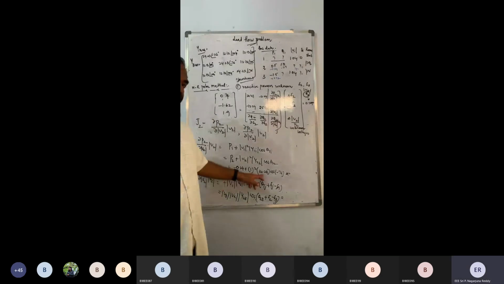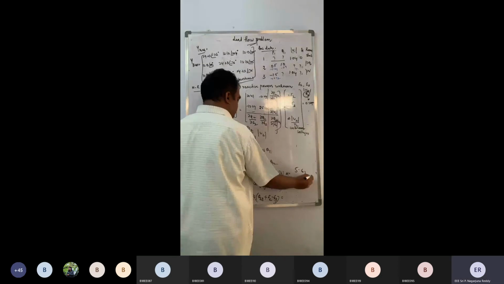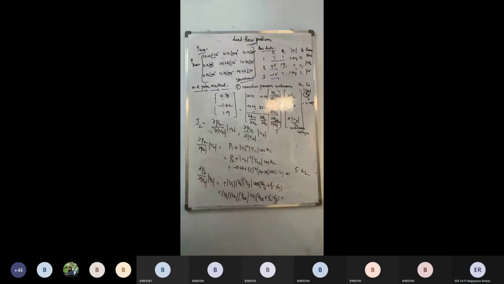What is this value? 5.62. This one is 5.62. Yes, sir. What about this one? It is 1.04.